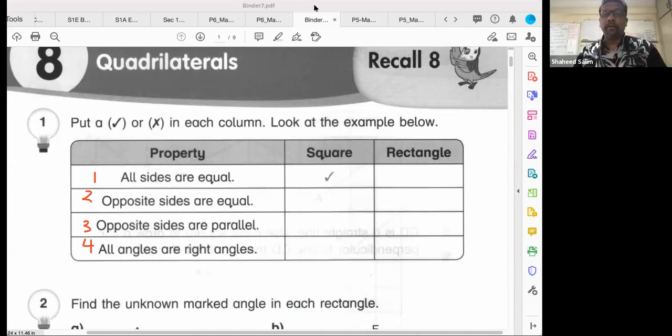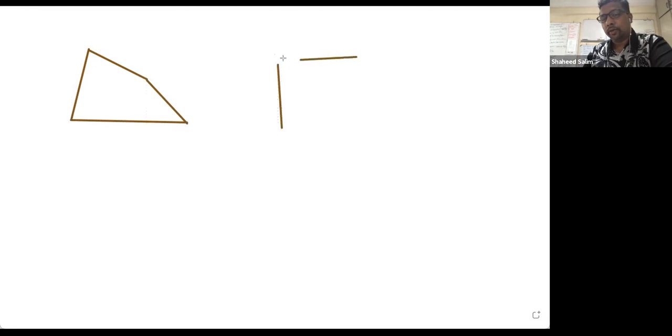Quadrilateral is made up of this. Maybe I draw for you now. Any four-sided figure, made of straight lines, must be straight lines. Let's say like this, like this, like this. This is a four-sided figure. This one is also a four-sided figure. Any four-sided figure that is straight is a quadrilateral.